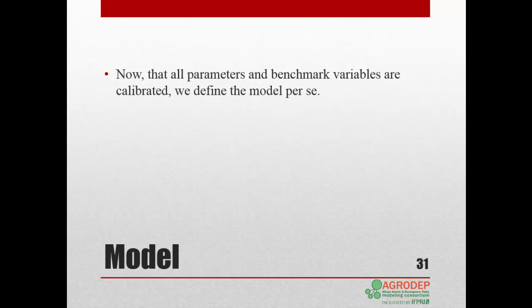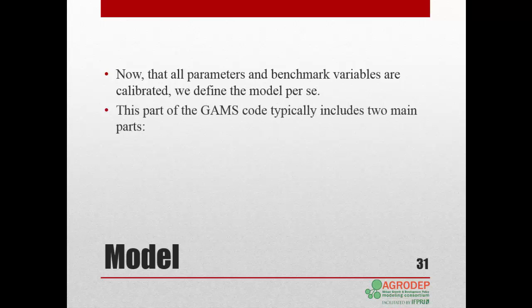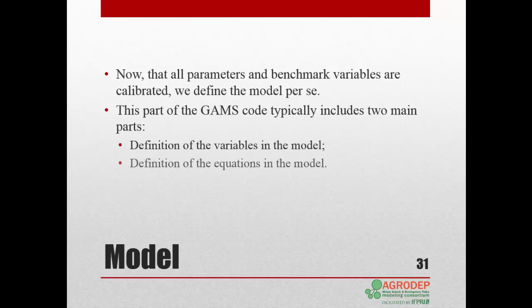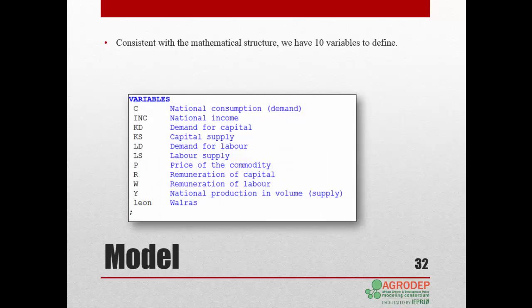After the calibration of parameters and benchmark variables, we define the model. This part of the GAMS code typically includes two main parts: definition of the model variables and definition of the model equations. To be consistent with the model mathematical structure, we must define 10 variables.